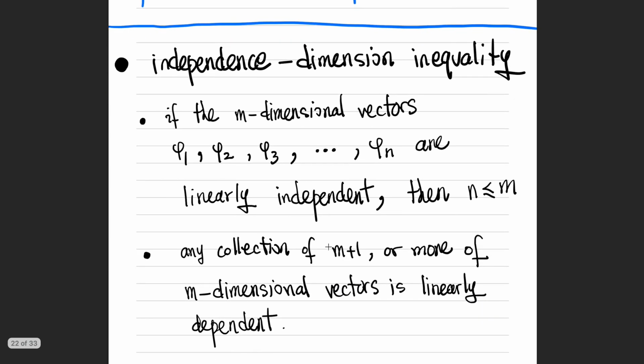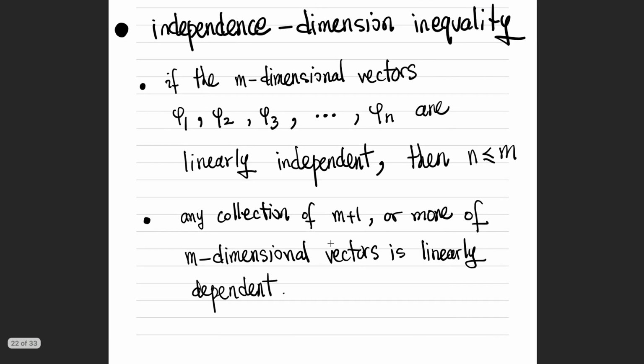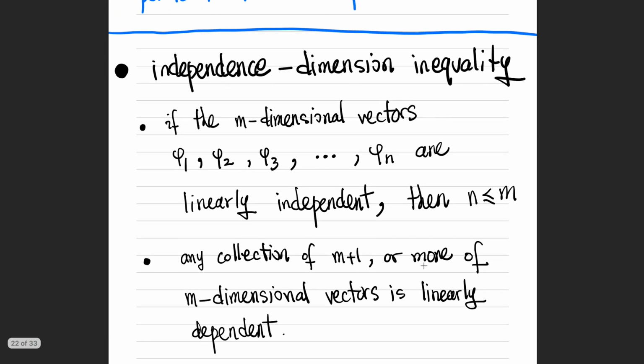Now, the independence dimension inequality essentially says that in an m-dimensional space, if you have n vectors, these are linearly independent only if the number of them, which is n, is less than or equal to m. Or in other words, any collection of m plus 1 or more m-dimensional vectors is linearly dependent.